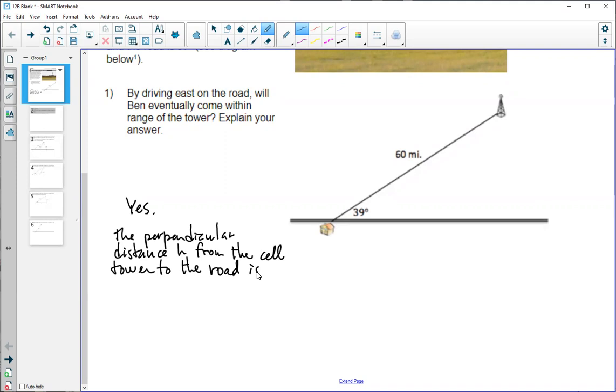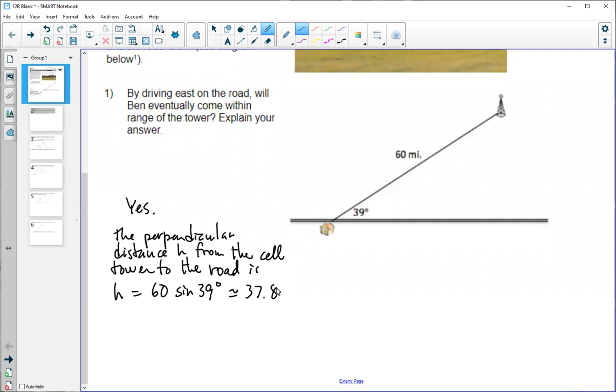We can write this as H is equal to 60 times the sine of 39 degrees. And if we work this out, it's about 37.8 miles. So some portion of the road around the point that we'll mark P in the diagram.